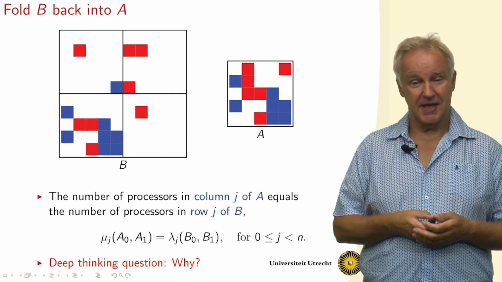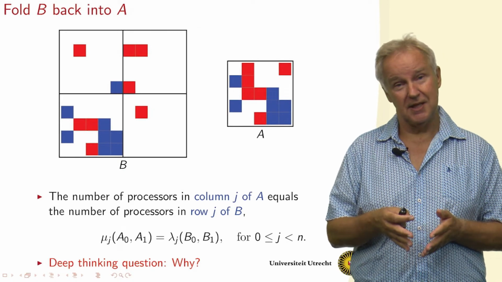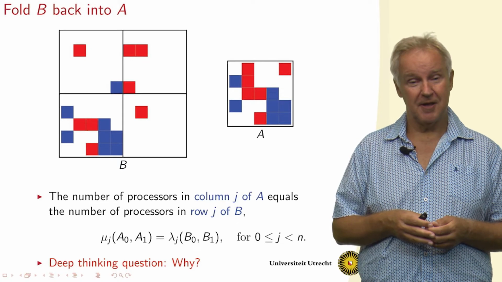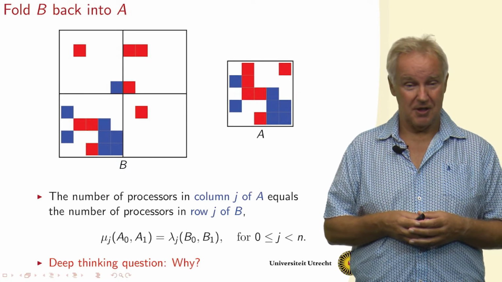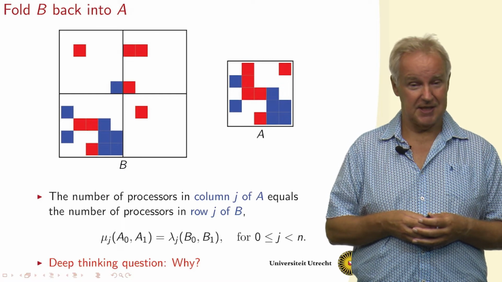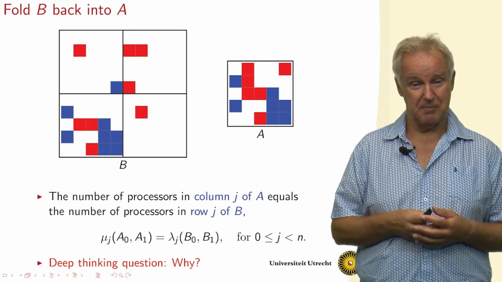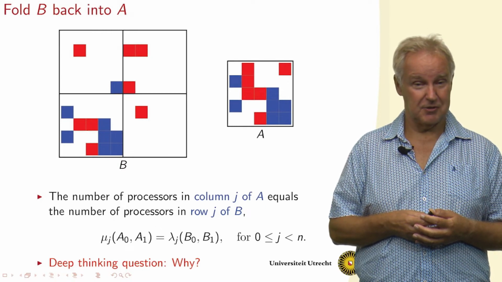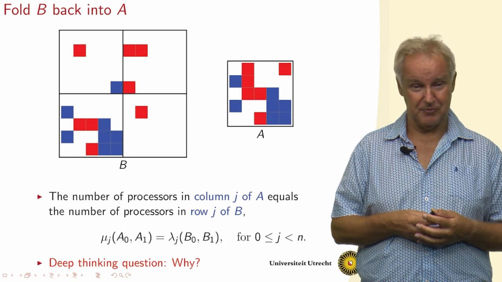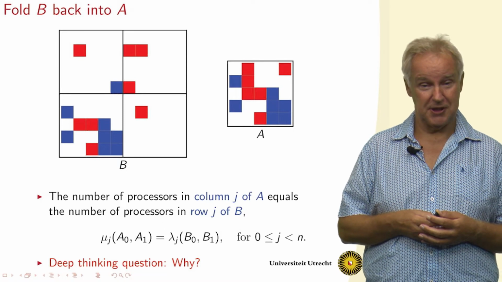Now we can translate B back into A by reversing the process. So everything that's in the left bottom block of B just ends up as it is in A. But in the top right corner of the matrix, we see 3 red non-zeros.